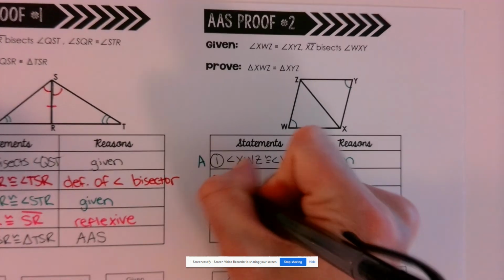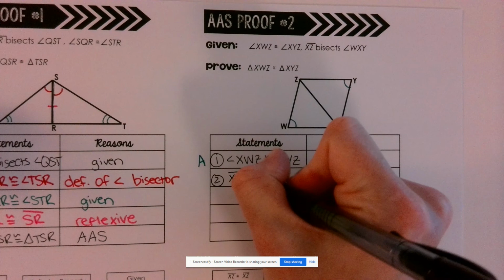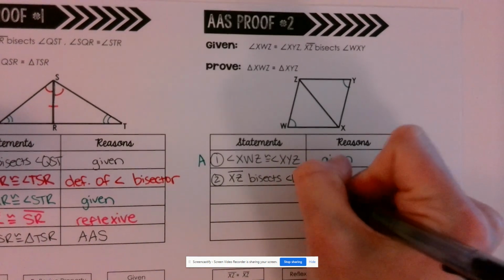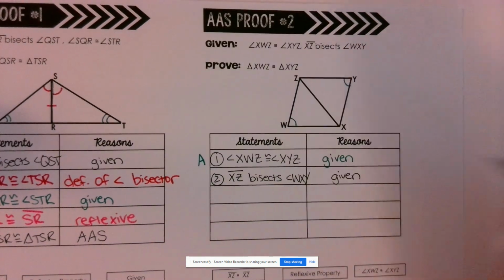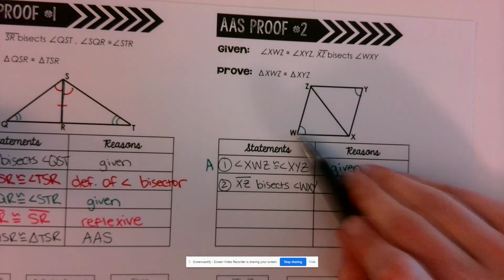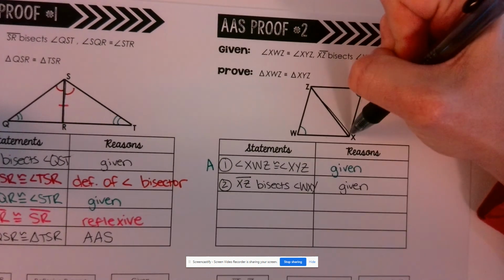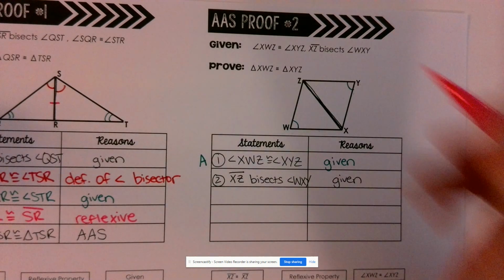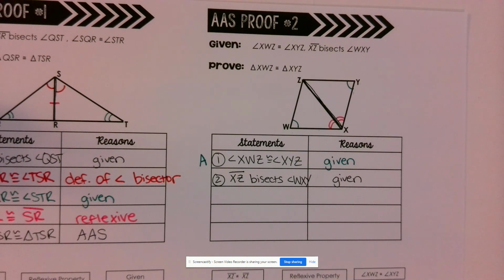We are also told that line segment XZ bisects angle WXY. Angle WXY is this angle down here. This line segment bisects that angle. So that means it cuts it into two congruent angles.